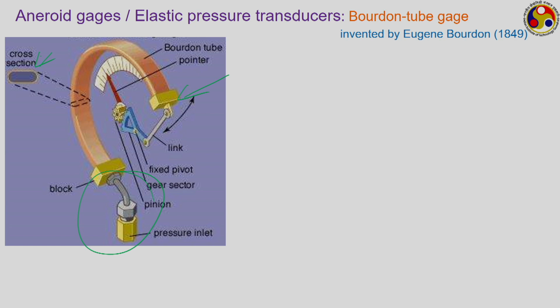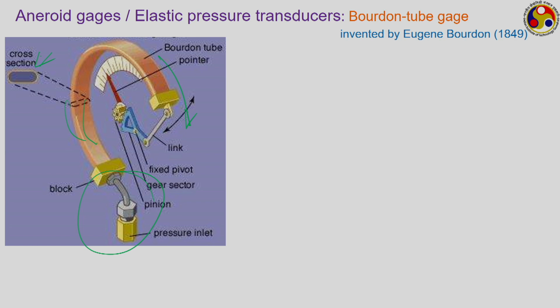As the pressure is imposed on this, the pressure inside the tube increases, and because of the difference in pressure between inside and outside, the tube tries to adjust by converting its non-circular cross section towards a more circular one. But as the length of the outer and inner surface, that is, this particular surface and the one on the back side of this, remains more or less the same, the only way that is possible is by a circumferential movement of this particular portion, the free end.